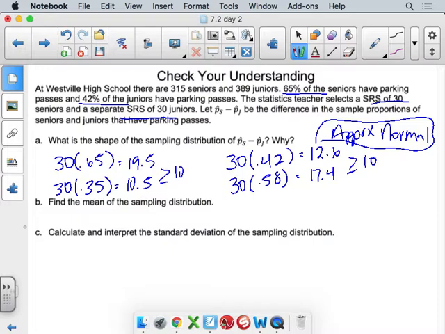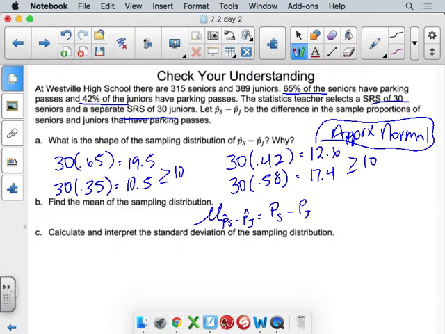Right. B, find the mean. So just using the formula sheet again, the formula sheet says p hat of seniors minus p hat of juniors. It says to do the parameter, the population of seniors minus the population of juniors who have it.